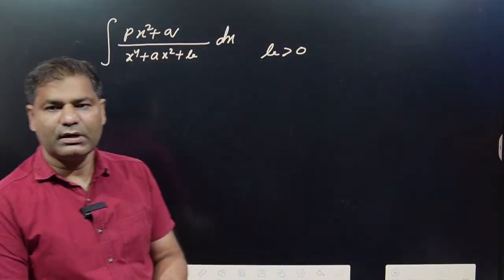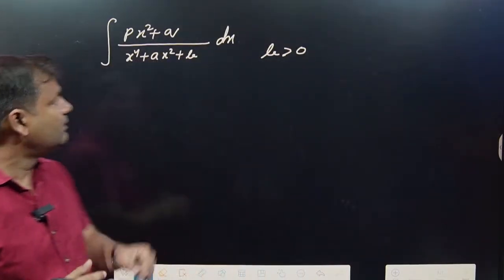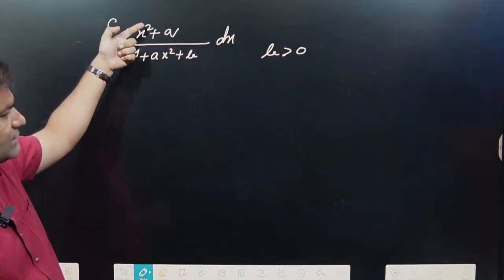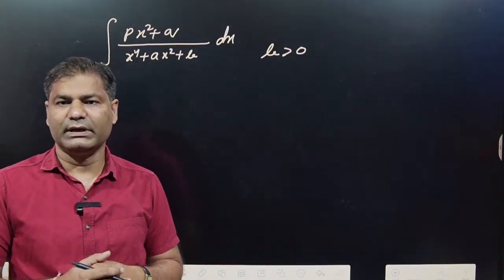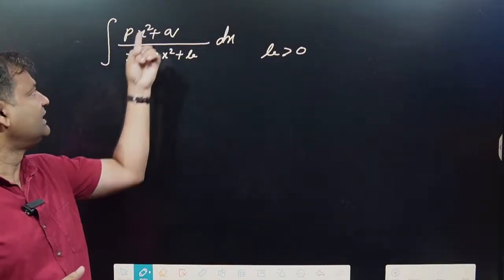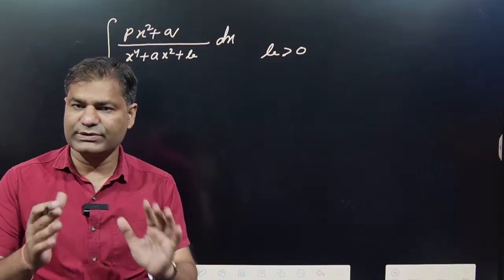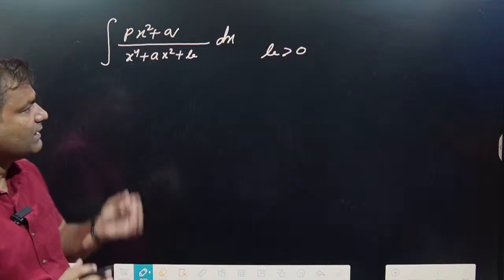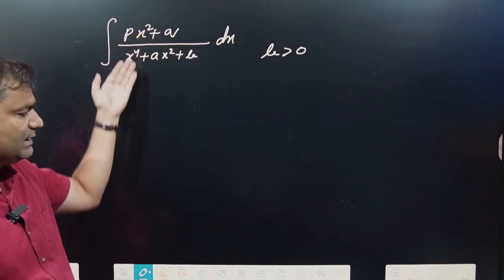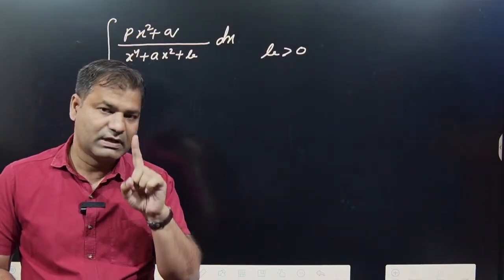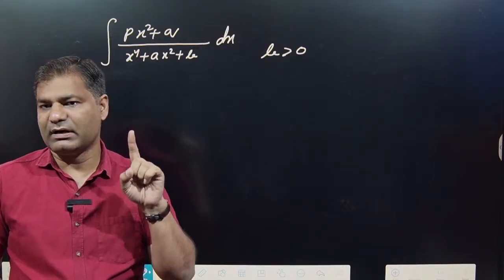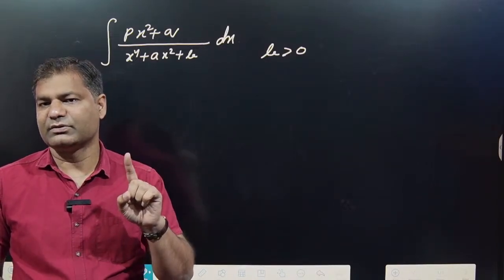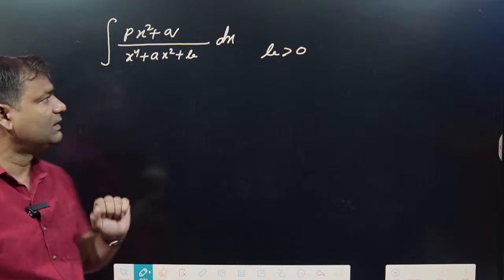Simply, first of all, here x to the power 4 and here x², it means that is an even power. If here 4 then here 2, then how can we solve this type of problem? So divide numerator and denominator by x².